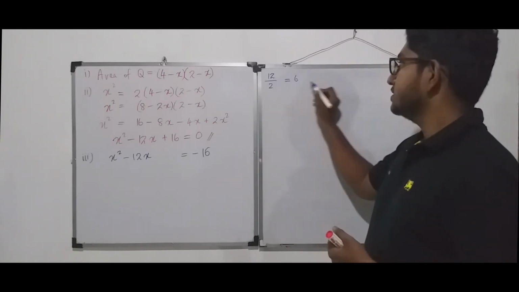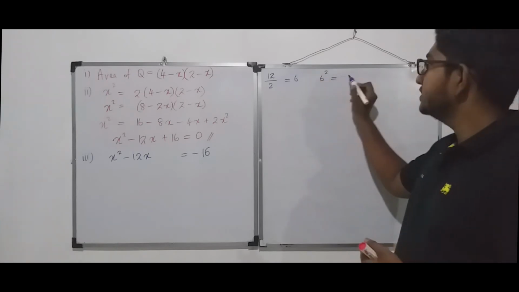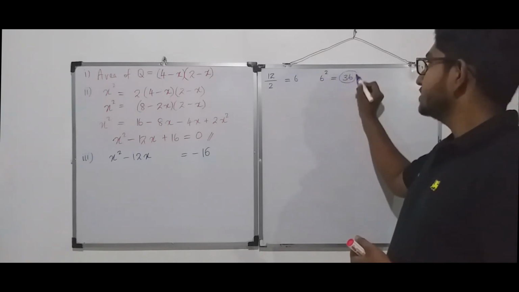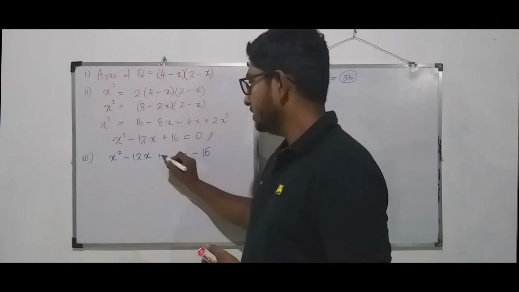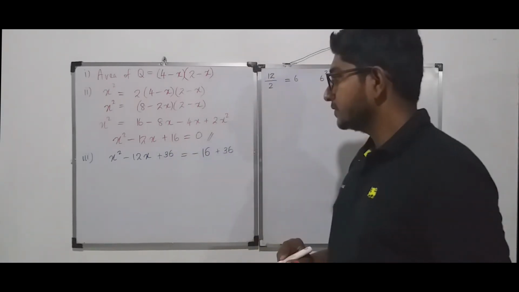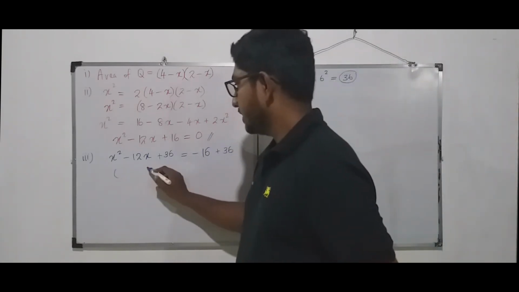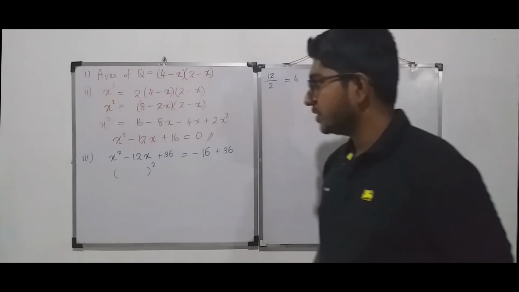Answer is 6. Then we have to take the square of that answer, which is 36. So we have to add this number 36 on both sides. For these three terms, we can construct a perfect square.